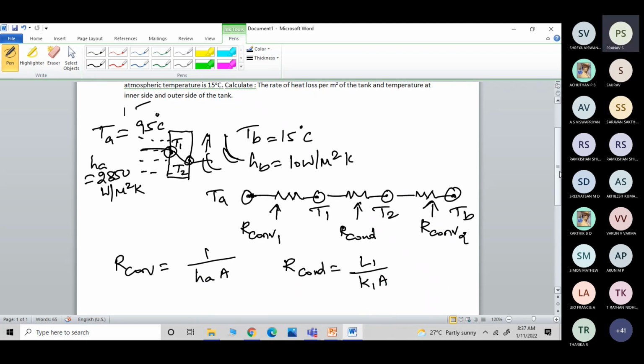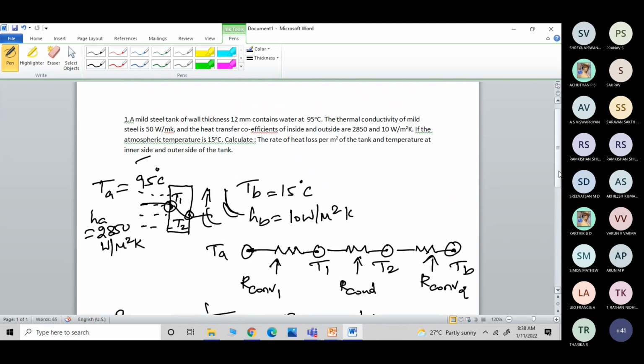And R convective 2, the third resistance, is 1 by HB into A. Now, in the question itself, it was mentioned that you are assumed to calculate the heat loss per meter squared of area. So, assuming area as 1 meter squared, you are expected to calculate.